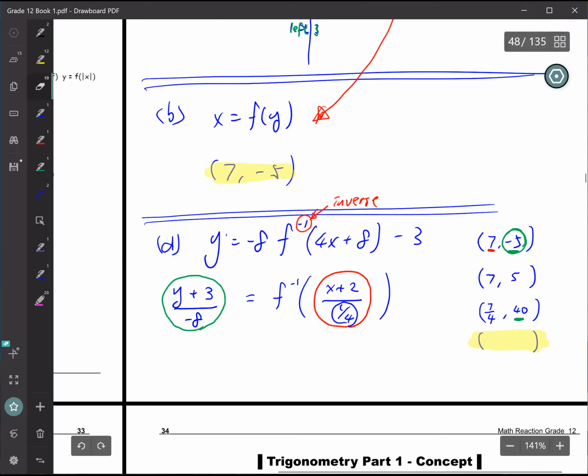Okay, finally we do translation. Which way are we moving? 7 over 4, what do we do, Ivy? -2. -2, very good. We are moving to the left by 2. So where do you end up? -1, 4.